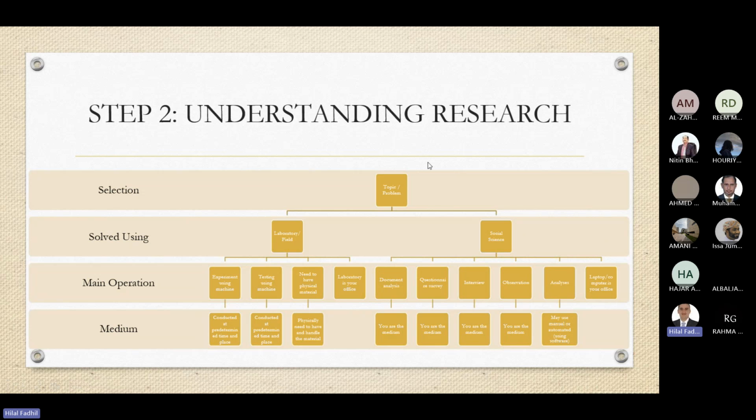So here you can see the selection of the topics. For us engineers, we mostly use this one. For social science, they use questionnaires and document analysis. For engineering science, they use the laboratory fields, where the main operation uses experiments and testing, and they need physical materials and a laboratory.